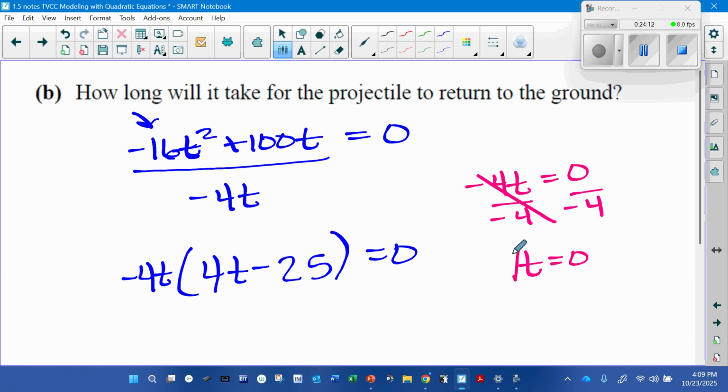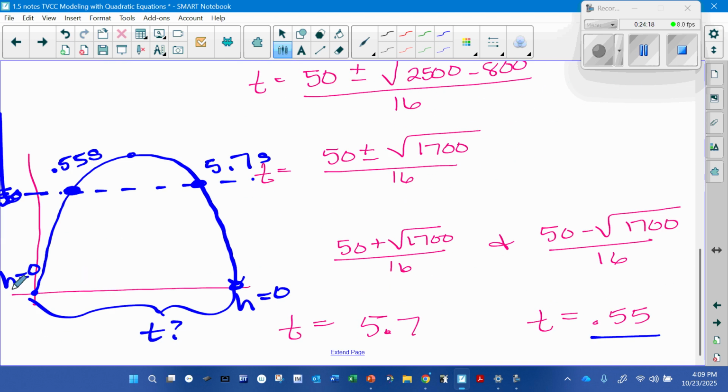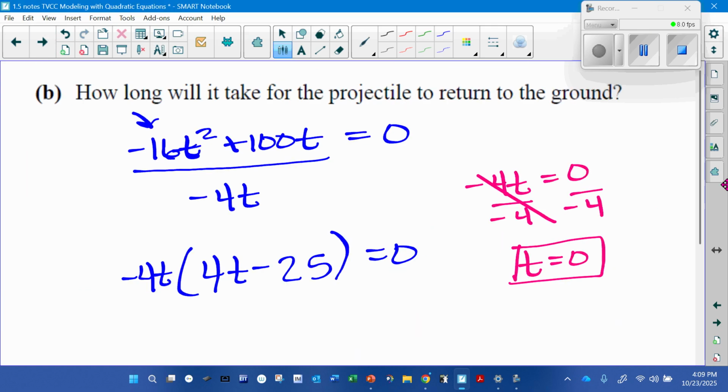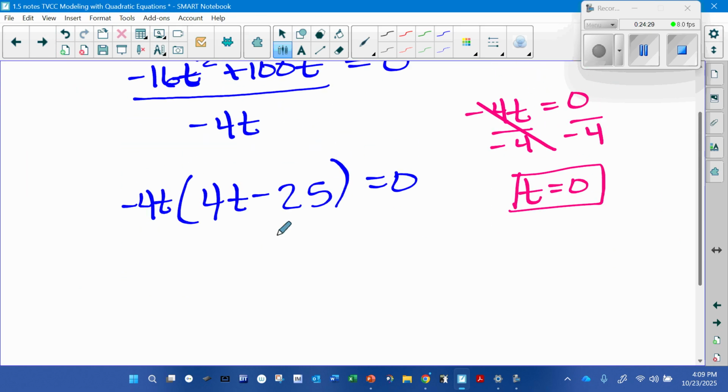So we already knew, when you go back to that picture, that at the very beginning, when time was 0, the height was 0. Well, we just now saw it mathematically. Now what about this one? 4t minus 25 equals 0. So move that 25 over there. So 4t equals 25.